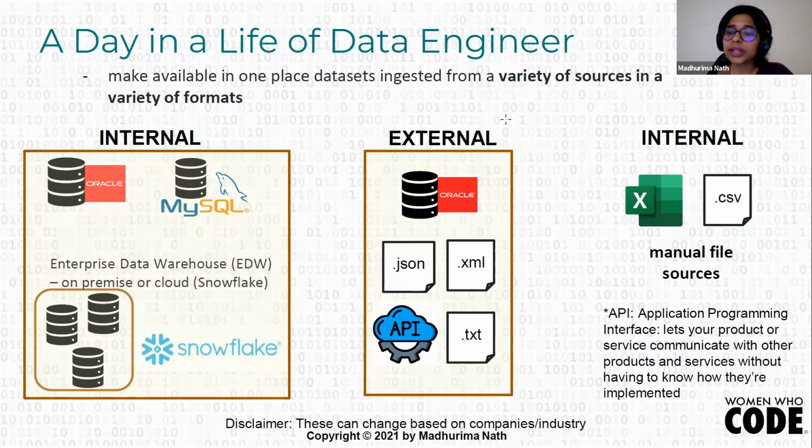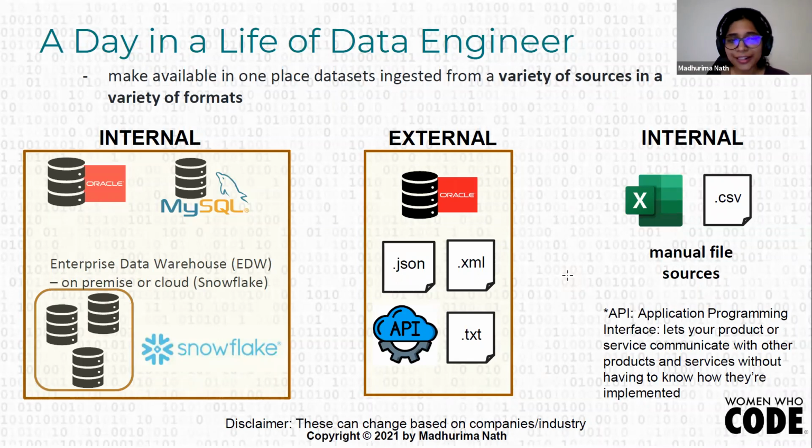I also want to gather some external data, which is, let's say, present as an API or in JSON format or XML format, and add it to my existing internal data. I also have some manual source files. Let's say I have a team who has data only in Excel format, and I want to consolidate all of these into one place so that I can find out what my customers want.